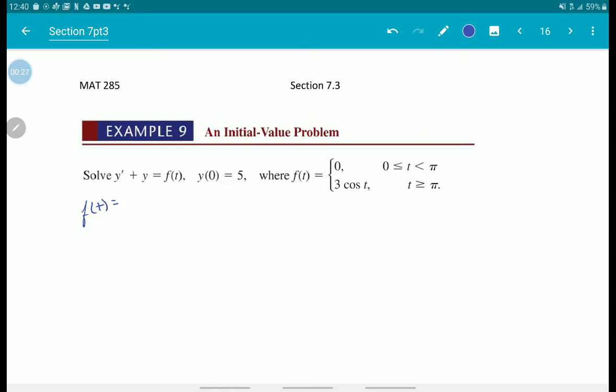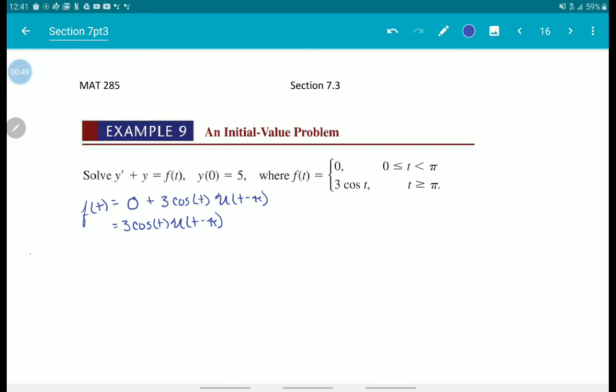So it's going to be 0 in the beginning, and then we're going to jump to 3 cosine of t once we hit pi. So we could rewrite that as 3 cosine of t, unit step, t minus pi.